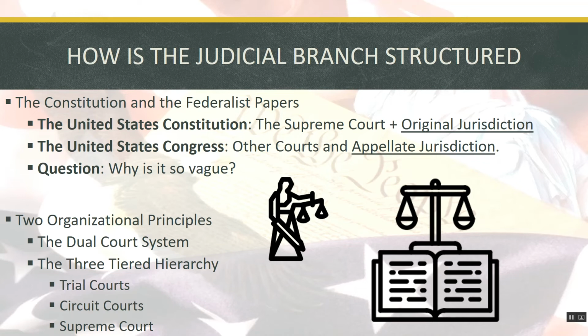But one step up from the trial courts are what we call circuit courts or appellate courts. Appellate courts are sometimes simply called courts of appeals because these circuit courts don't hear any cases until after they have already gone through a trial court. In other words, the purpose of a court of appeals is to hear, to mediate and resolve disputes in which somebody is challenging a trial court's ruling.